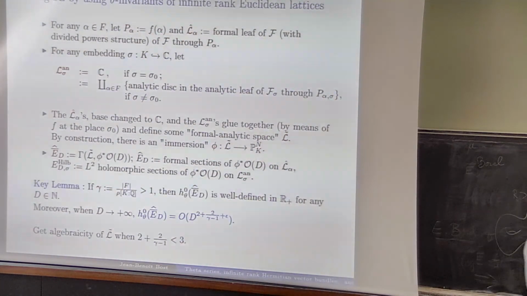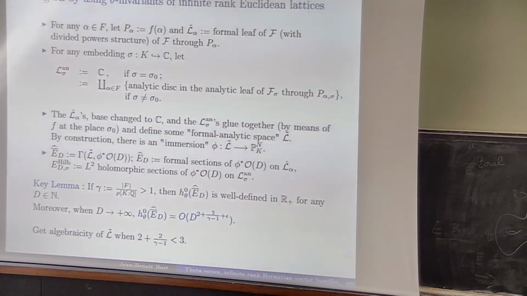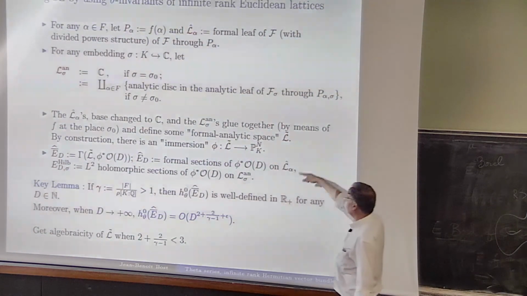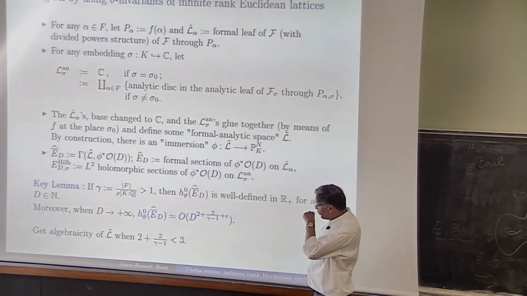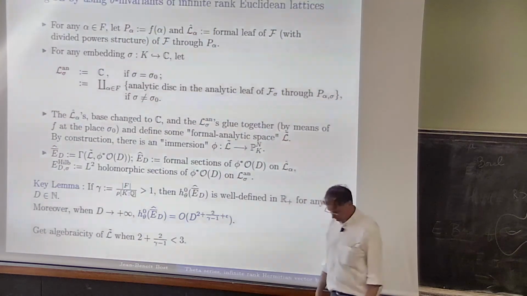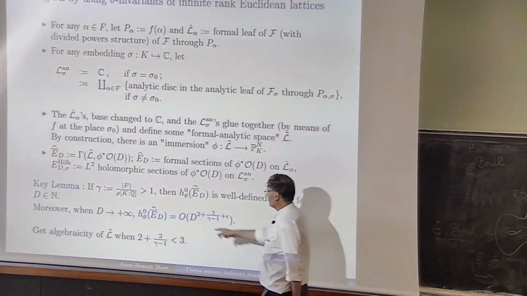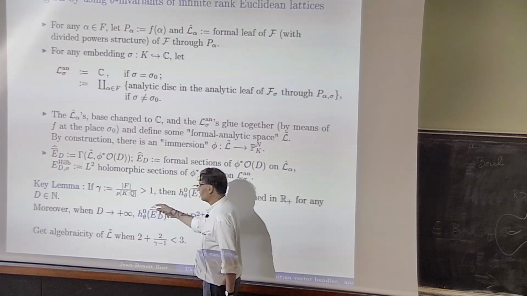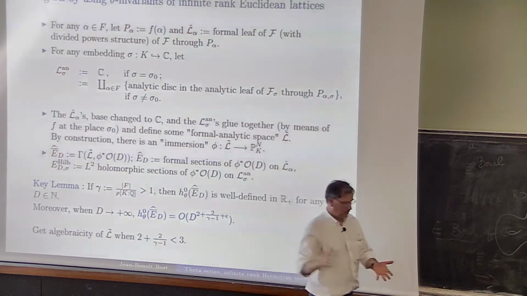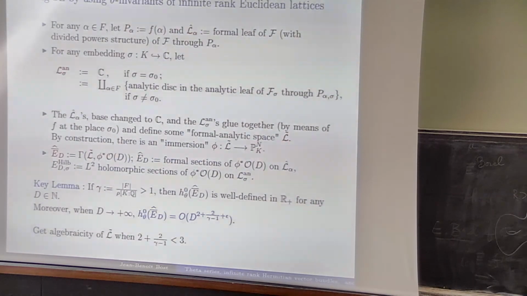Okay, so let me say a few words about the proof of this. Here again, once you have defined the objects, you have basically no choice. The only way to compute the h0 theta is by using the description of this space of sections, formal analytic sections, in terms of jets at the various points you are at.